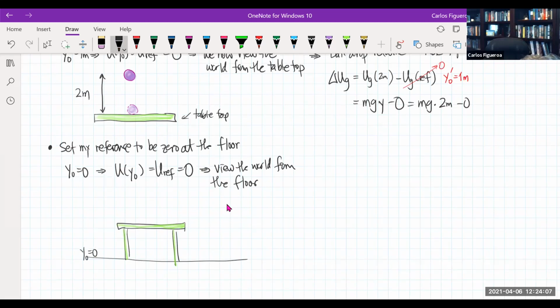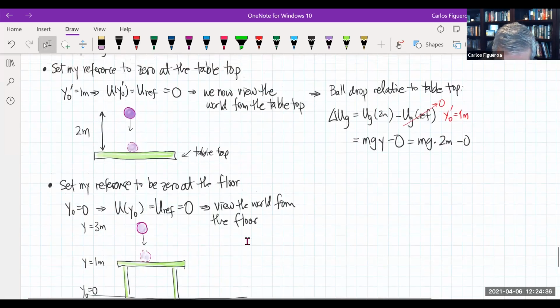But where is the ball? Well, we know that the tabletop is actually at 1 meter, and we know that the ball is 2 meters above that, so that means it has to be at 3 meters. So if I now look at the falling of the ball, and it falls down, what am I seeing here?